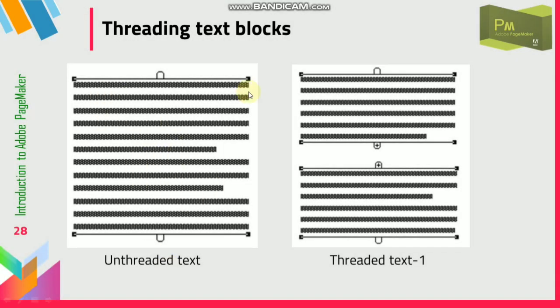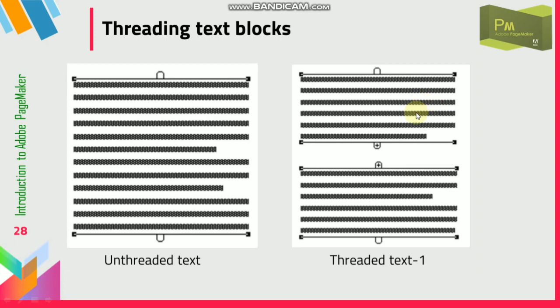So you can see in this example, see here, this block has no plus symbol at the bottom, so this is an individual text block, which is called unthreaded text. And here in this diagram, you have two blocks of text, where in the first block at the bottom of the handle you can see the plus symbol, and in the second block at the top of the handle you can see the plus symbol. So which means these two blocks are threaded.